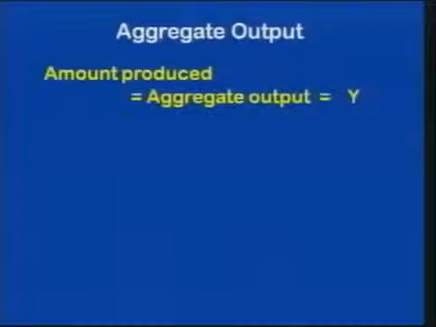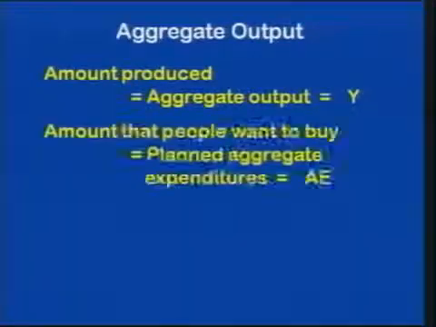It's also an example of how trying to apply micro concepts directly to macro outcomes isn't always useful. Okay, so aggregate output, just using the terminology we're going to use, it's the amount that's produced in the economy, and we denote it by a capital Y. There's also an amount that people want to buy.